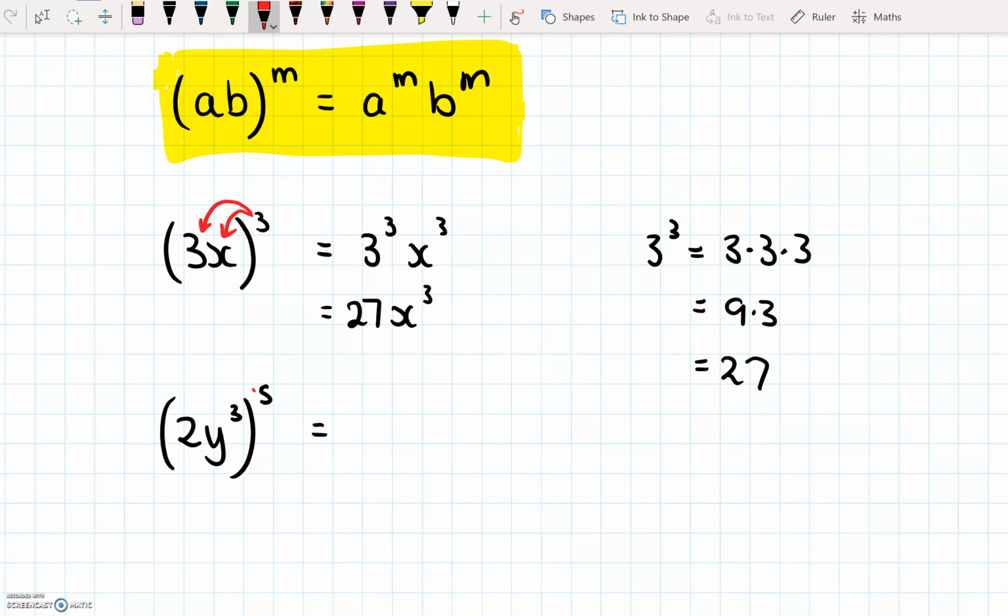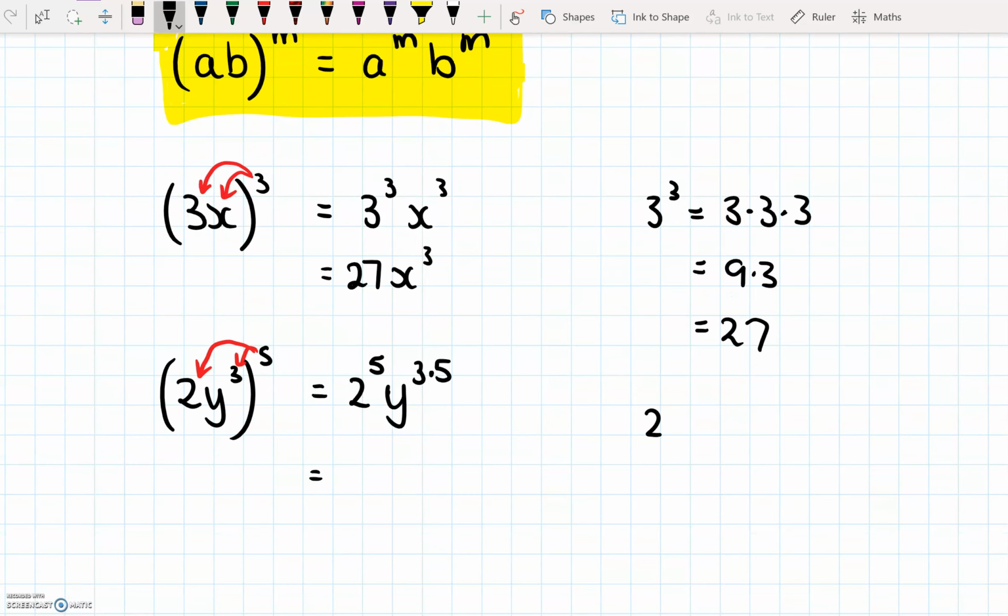So we have to apply the 5 to the 2 and also here, but now we're using 2 rules at once. So it's 2 to the power of 5, that one was straightforward, times y to the power of, and you should remember this rule, what do we have to do between the 3 and the 5? Well, we have to multiply, so 3 times 5.